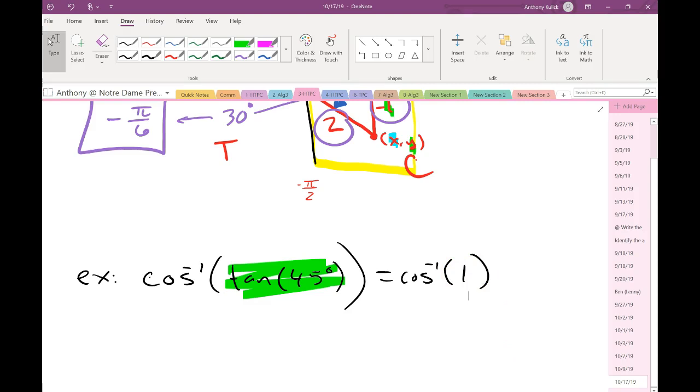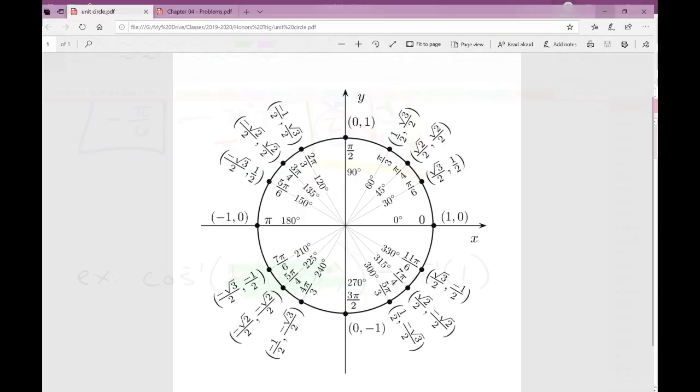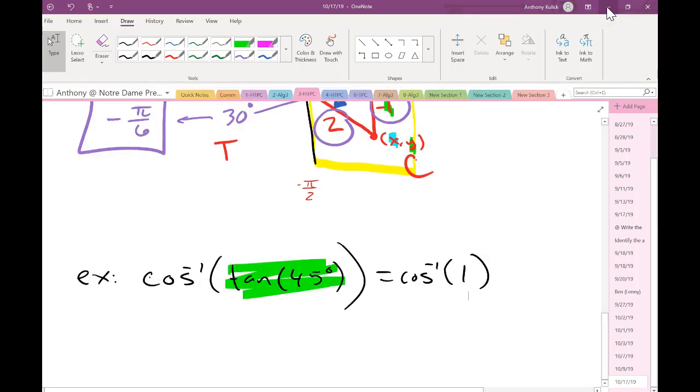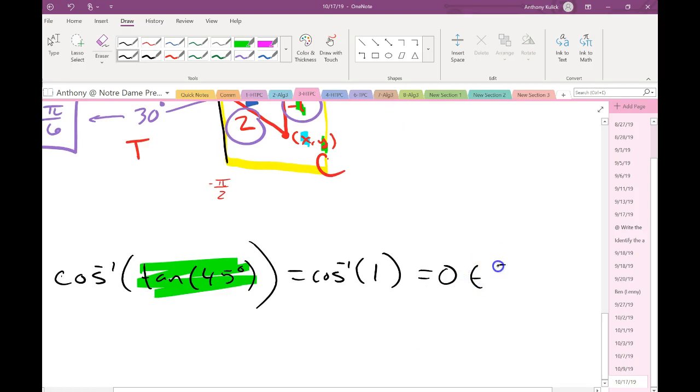Now, to figure out cosine inverse of 1, let's just go back to the unit circle. Cosine is which coordinate, x or y? X. So I'm going to look for the place where cosine is 1. Well, it happens in exactly one place here, right? When theta is equal to 0. And then the last thing I need to do is just to make sure that this is in the range of cosine inverse.